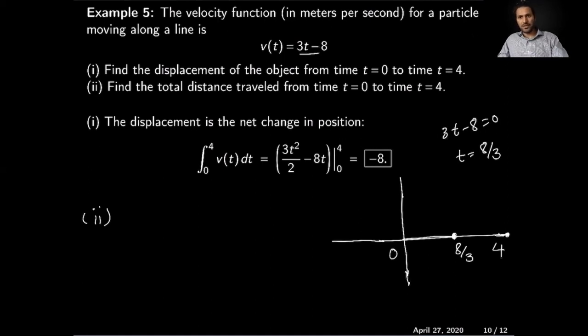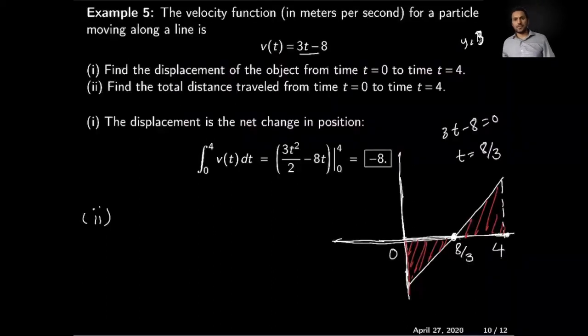So let's first plot the graph of this function, and then we will see how to calculate the definite integral of that function. So here you see the graph of this function. You can see that the graph from 0 to 8/3 is below the x-axis, and from 8/3 to 4, the graph of the function is above the x-axis. So the total distance will be the definite integral from 0 to 8/3 of this function, which is below.